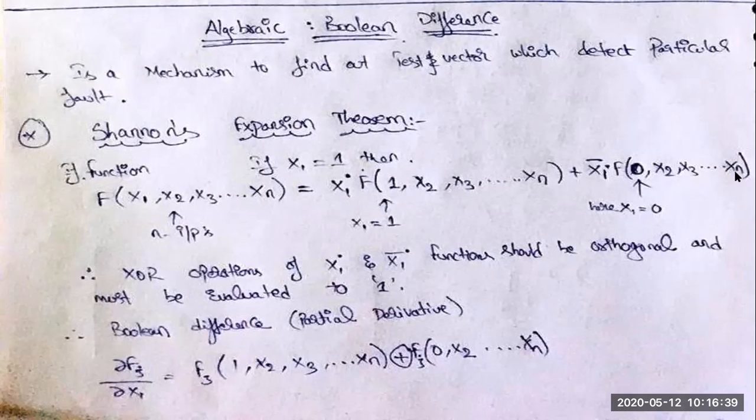Similarly for x2: if I take x2 equal to 1, I note x2 f of x1 comma 1 comma x3 and so on xn, plus x2 bar f of x1 comma 0 comma x3 and so on xn.